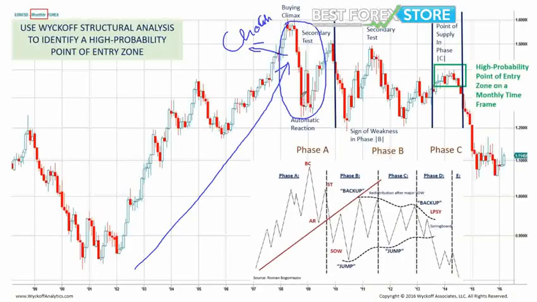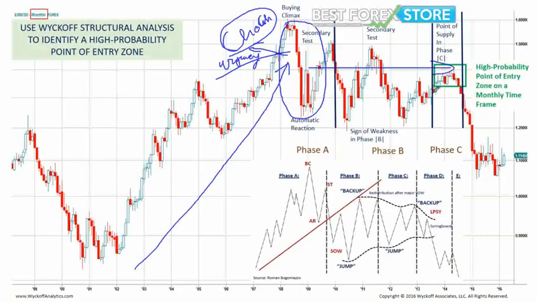This type of quick move to the downside has a specific narrative from big institutions as to what they're doing in this area. And it shows a lot of urgency to sell this instrument by big institutions. We definitely see this as a change of character, and therefore we are expecting a consolidation from this point on.